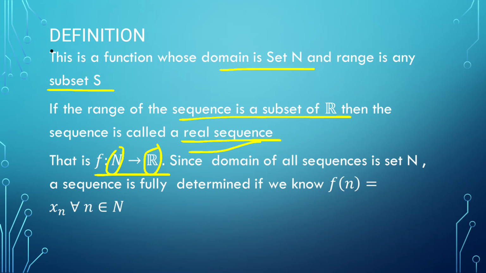It's because the domain of this sequence is the set N, and the sequence is fully determined if we know a given function such that it gives us an x which depends on n. Remember, this is for members of N. In this case, N is the domain.